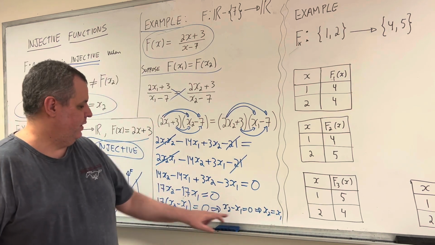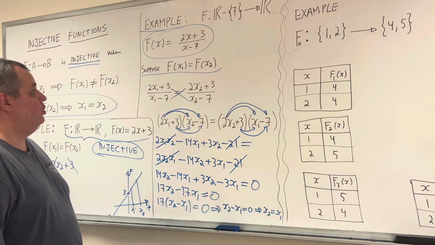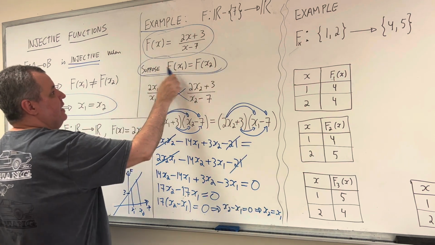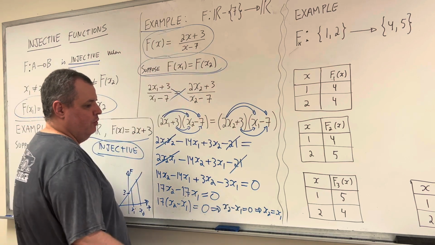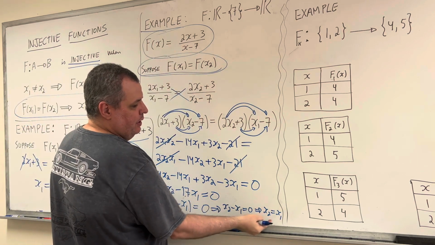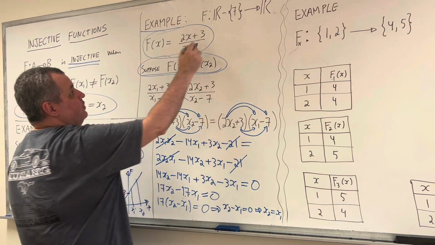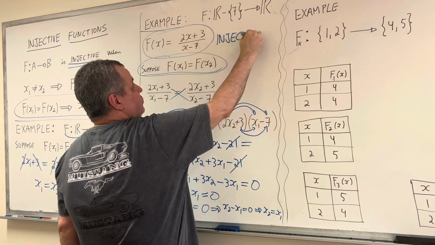So if the difference of the two numbers is 0, it's because the numbers are equal. So I'm done. I started assuming that the function takes x1 and x2 to the same number, and I proved, after a long calculation, that x1 and x2 have to be the same. Therefore, this function here is going to be injective as well.